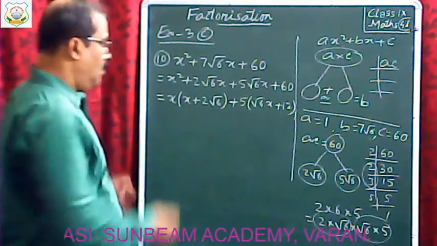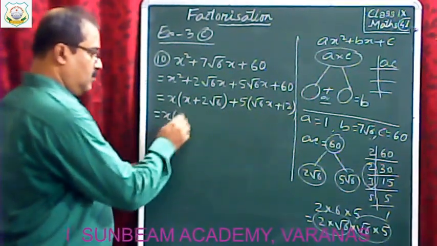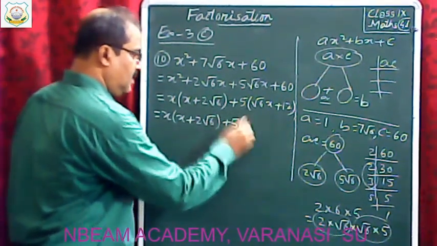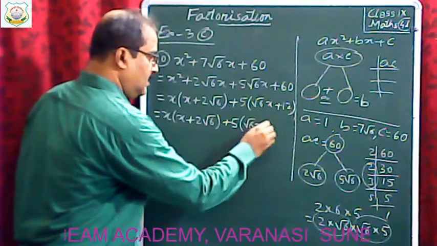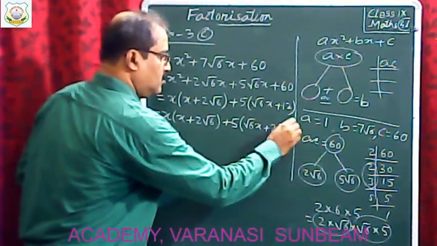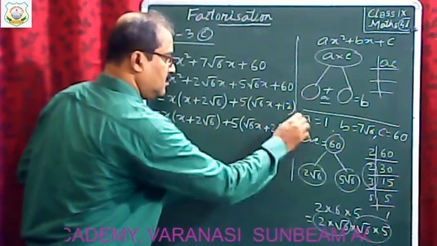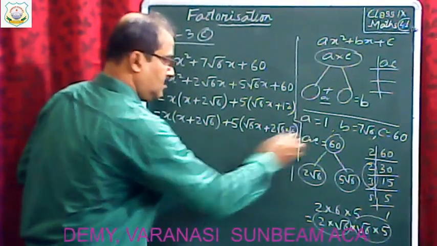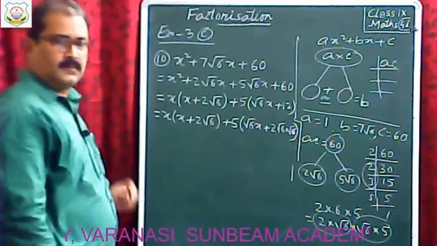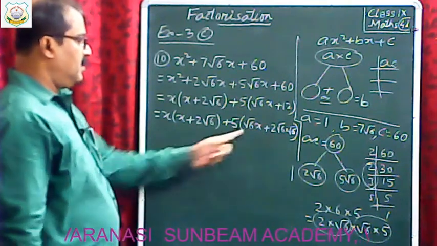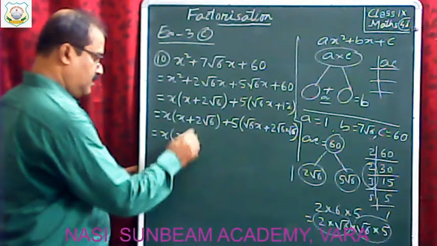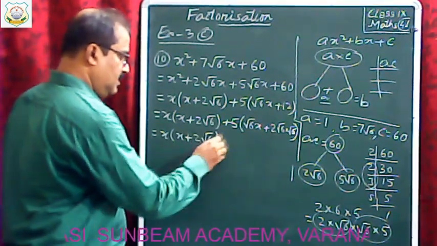Okay. So nothing else. Directly also you can do plus 5 root 6 x plus 2 root 6 into root 6. Now thereafter you have to take out common root 6. x plus 2 root 6 as it is.